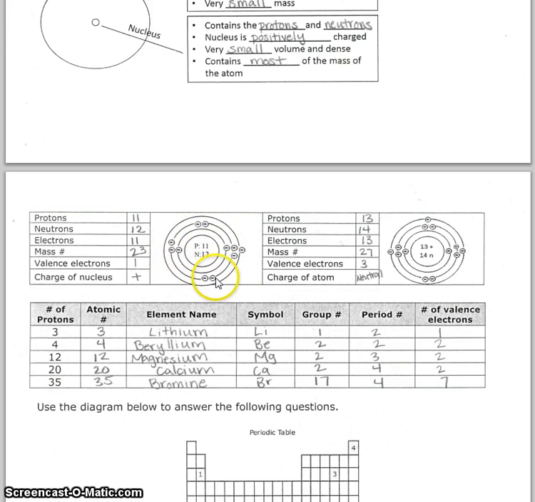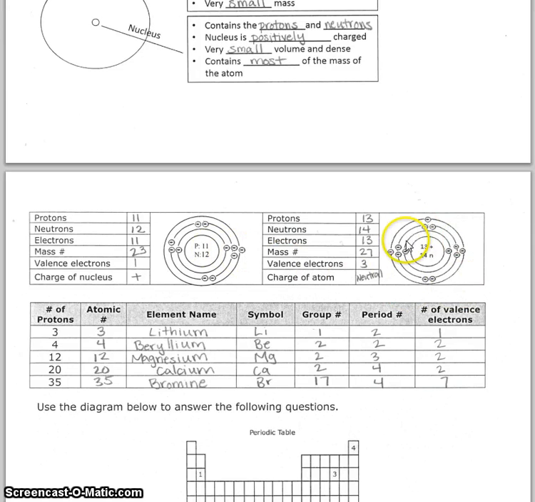So the total charge of the overall atom is 0. The mass, I add the protons and the neutrons together, 11 plus 12 is 23. There's 1 valence electron, 1 electron in the outermost shell. And the nucleus has a positive charge because it has those 11 protons. It actually has a charge of plus 11 because of the 11 protons.